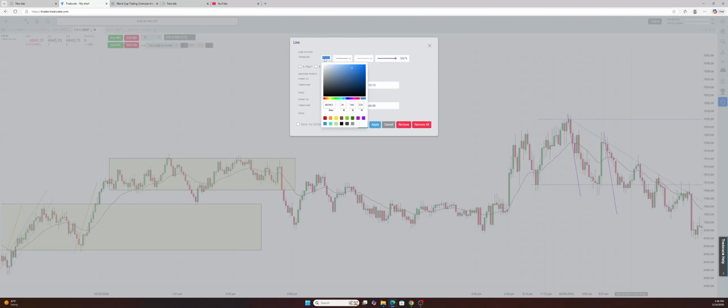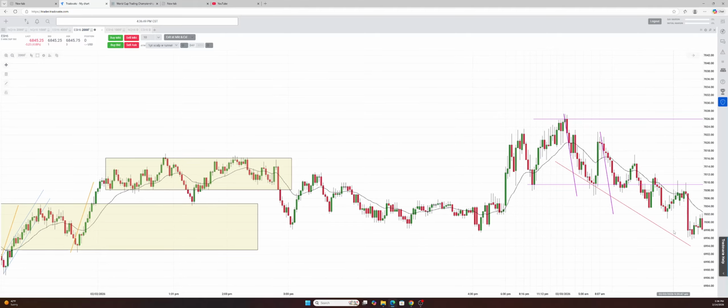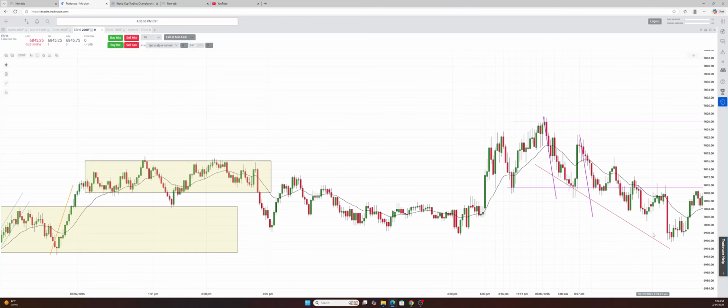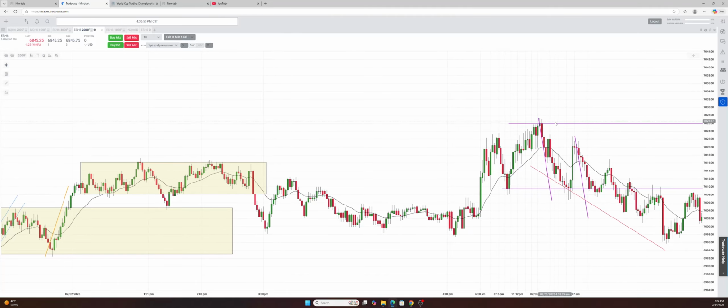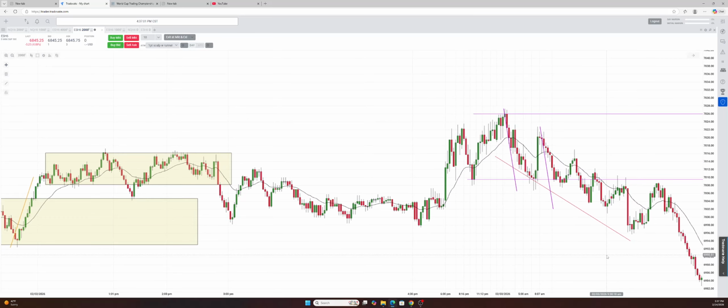Let's just change this a minute. I usually like downtrends to be red. And then I draw it like this. And so, well, we'll see. There's nothing here I'm looking to trade. So this isn't fitting real well as a trend. I'd just be watching this for now, continuing to push down.